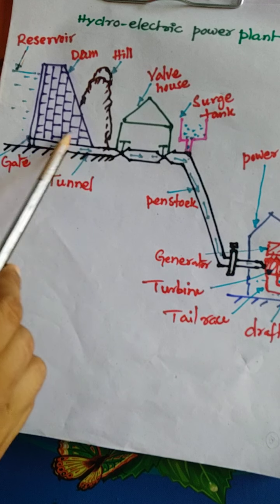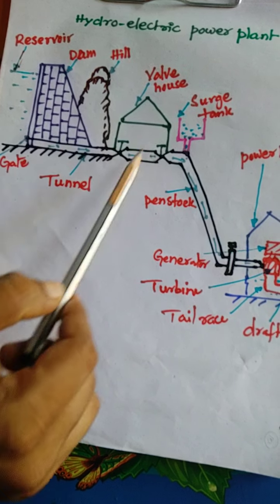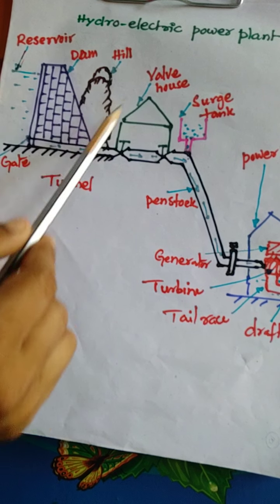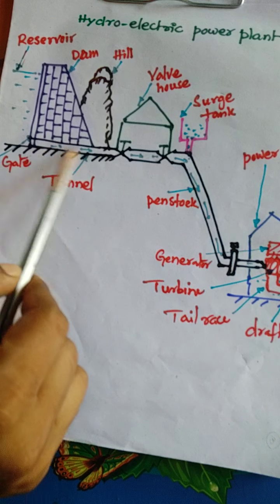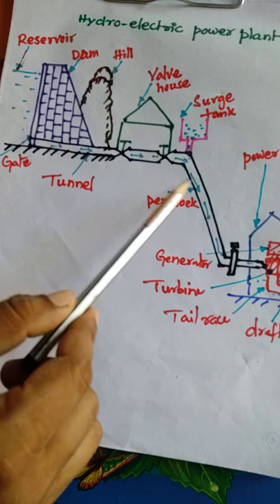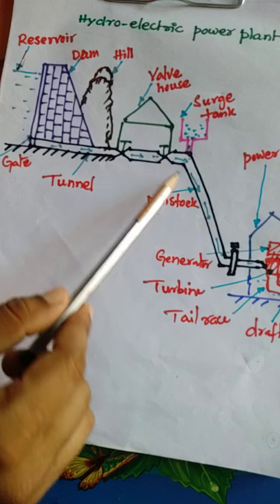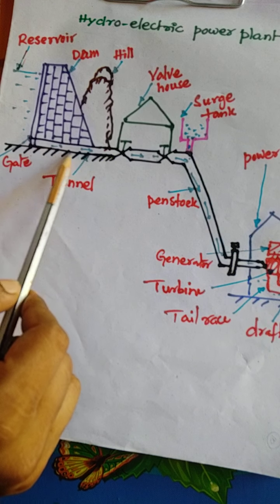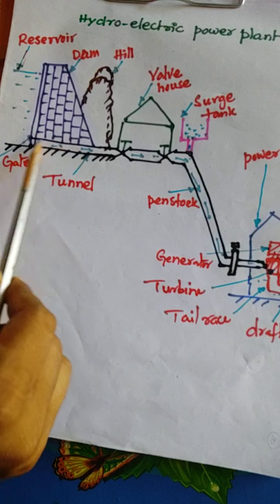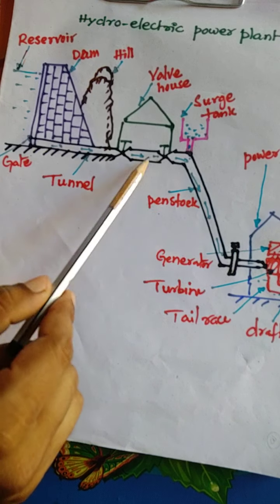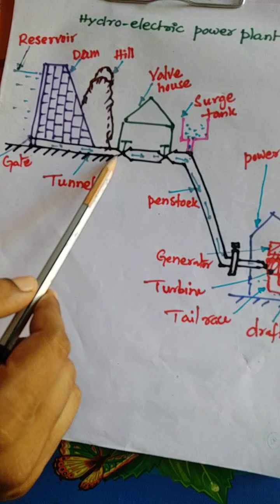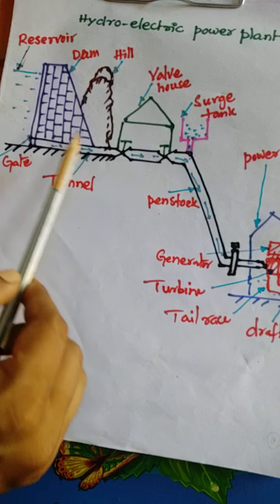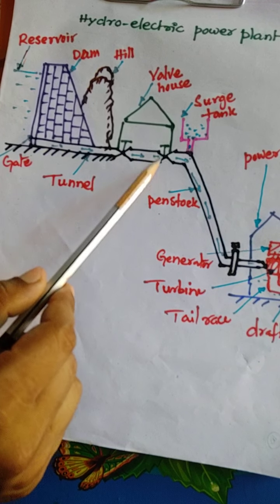This tunnel is a channel cut through the hills, supplying the water so that we reduce the length of the penstock. The penstock does not run all the way up to the dam; some distance is covered by the tunnel. After that, the penstock is connected to the tunnel portion, which reduces its length and also makes supply to the penstock easy.